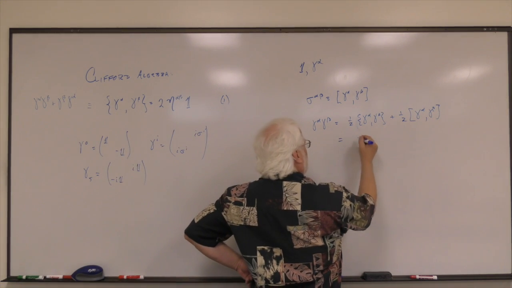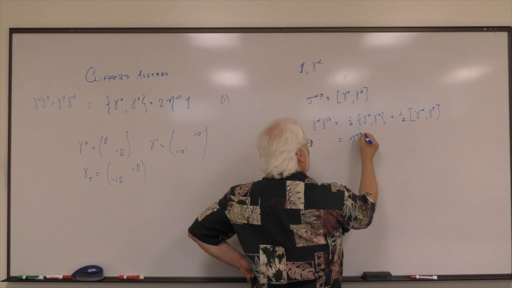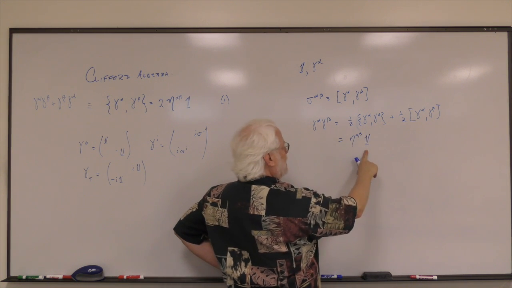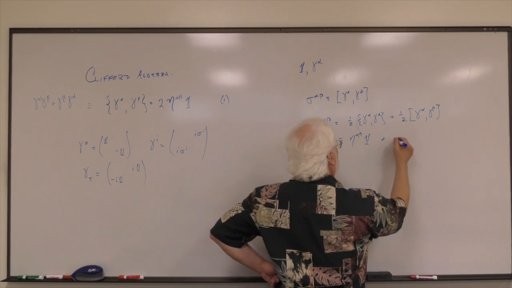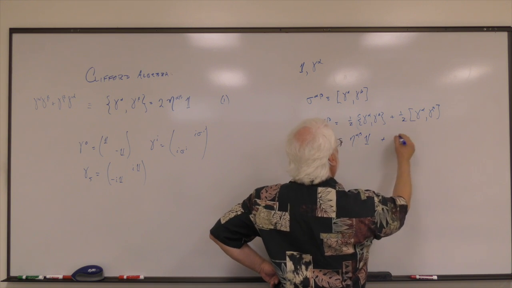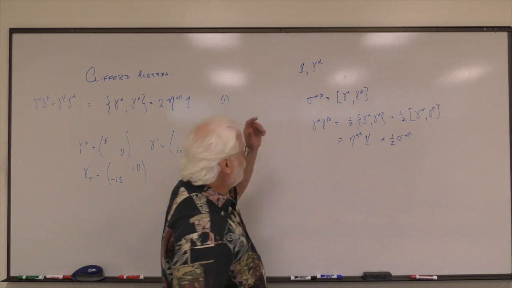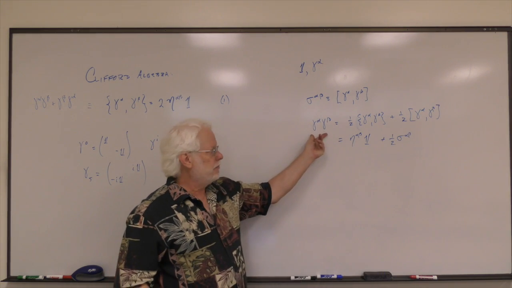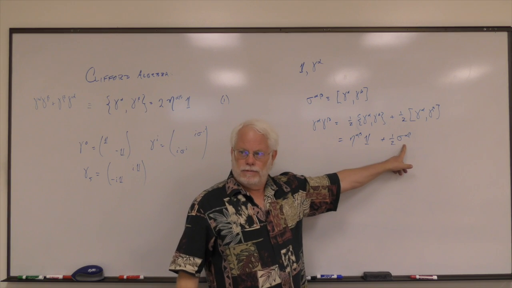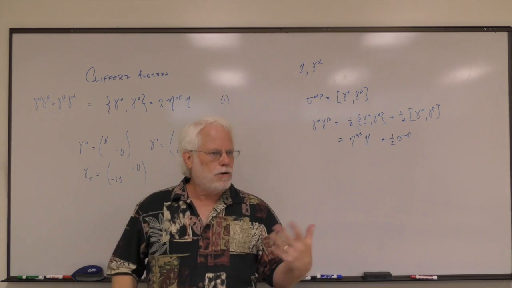All right, but then this is just eta alpha beta times the identity. We already know the identity. Let's leave the half. This is our sigma alpha beta. So the only new thing we get when we take a product of two is this sigma. And that's going to be true for higher products as well.